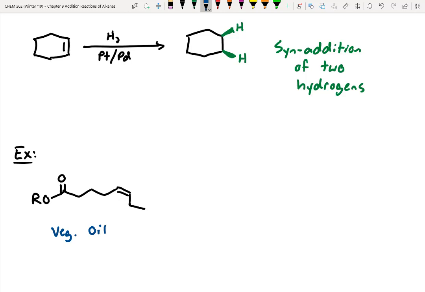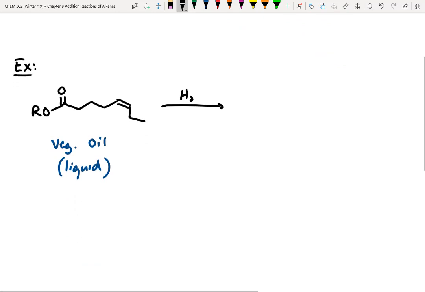And with vegetable oil, this is a liquid, right? And they decided that they could hydrogenate this using hydrogen gas and some sort of catalyst like palladium on carbon. And if you do that, you can reduce that double bond.